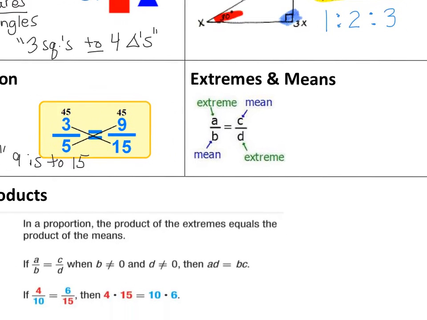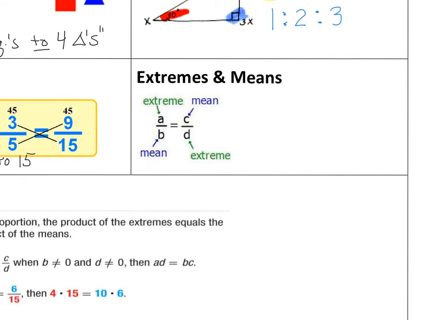Okay, extremes and means. So we have a proportion here. Our proportion is made up of variables A, B, C, and D. It is important here to say that B cannot equal 0, nor can D equal 0, so it's important to make that distinction. But what are the extremes and what are the means? Well, we can rewrite this ratio.